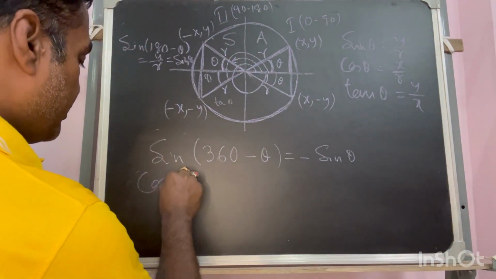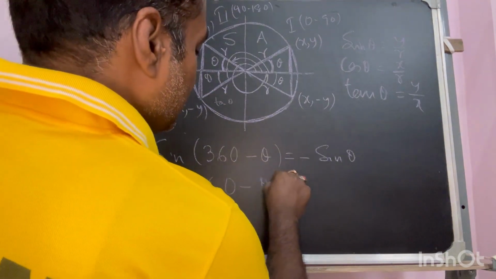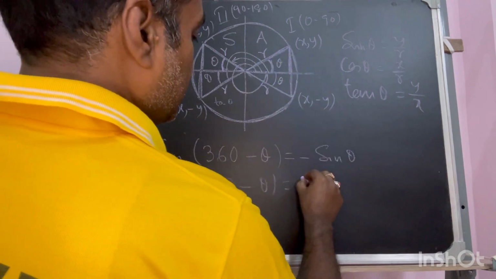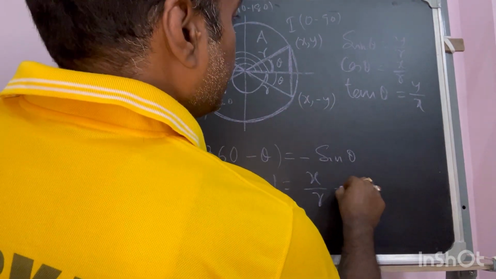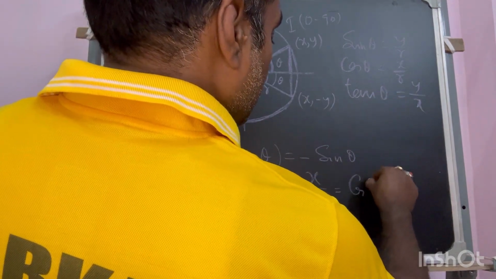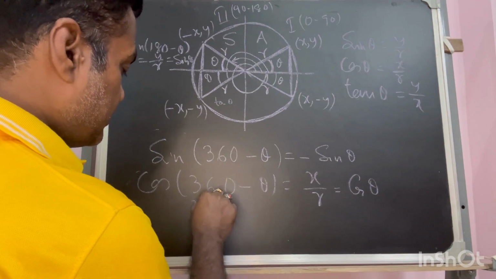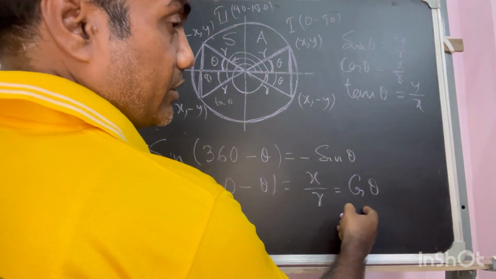Same if we take it for cos, let me check what would be the result. Here it is x by r. X by r is equal to cos theta. So that means in the fourth coordinate, 4 into 90, cos doesn't change, cos will be cos, but in the fourth coordinate cos comes out positive.